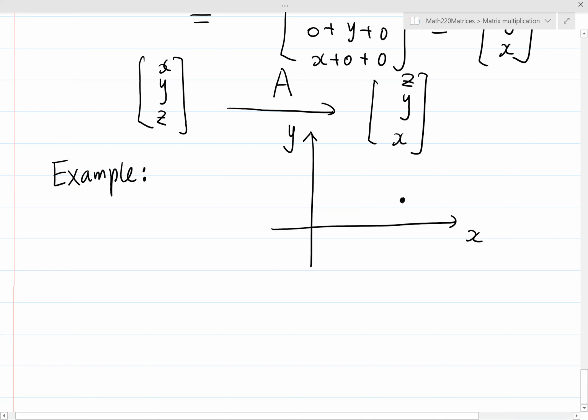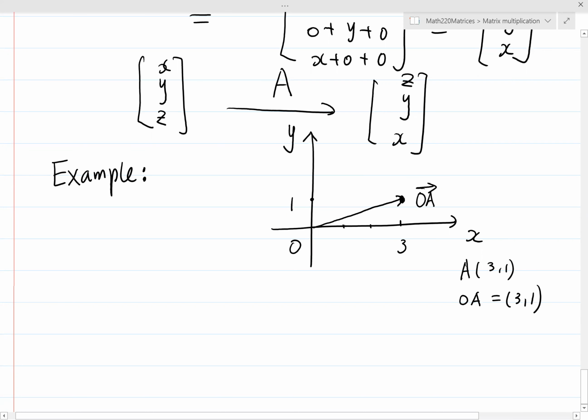Suppose this point is 3, 1. So this vector, we have vector O, this is A, OA. A is 3, 1. OA is, of course, also 3, 1.